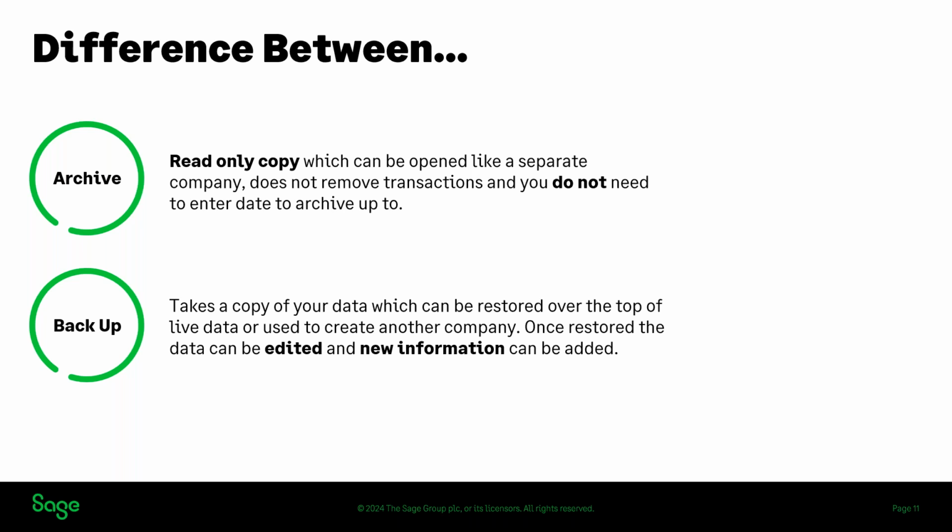Once restored, you can edit, delete, and add new information. If you are going to restore over the top of live data, please do this with caution. If you want more information about backing up and restoring into the software, we have a session on our recordings page on all about backing up your data.